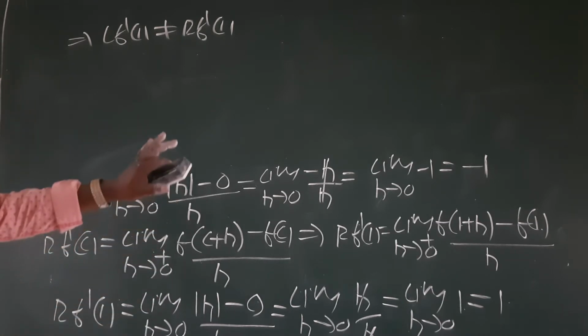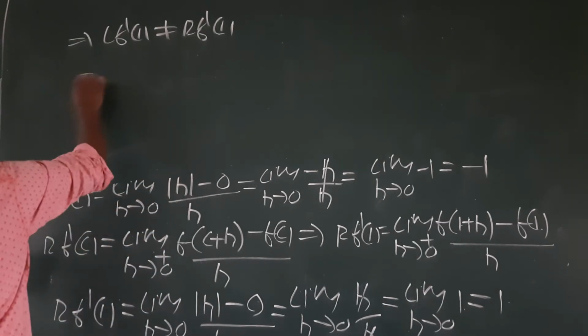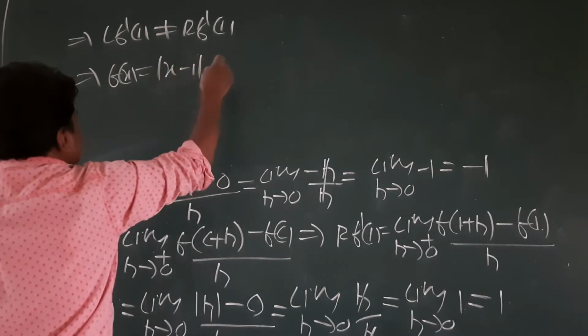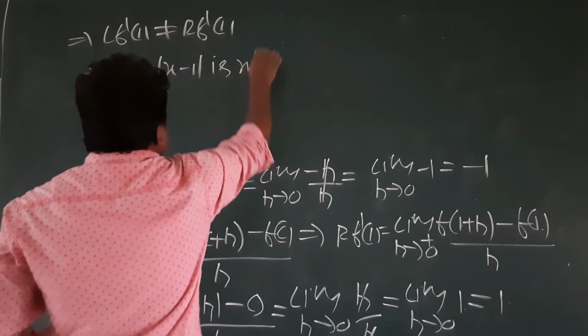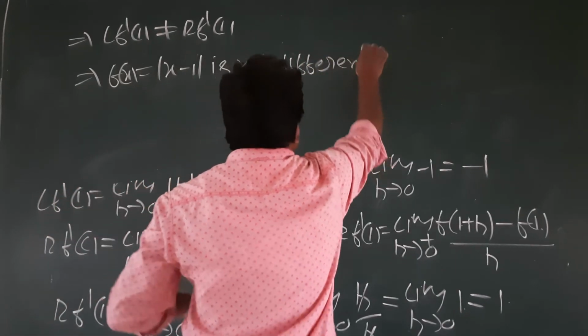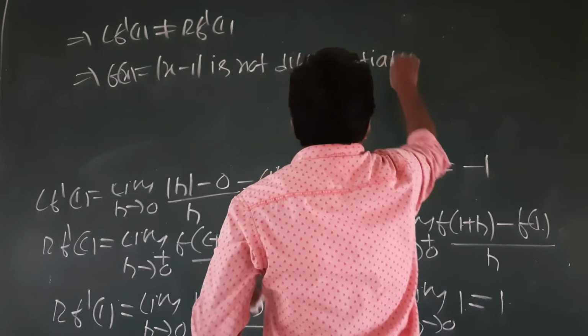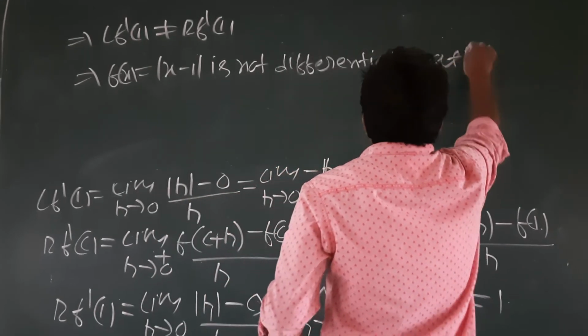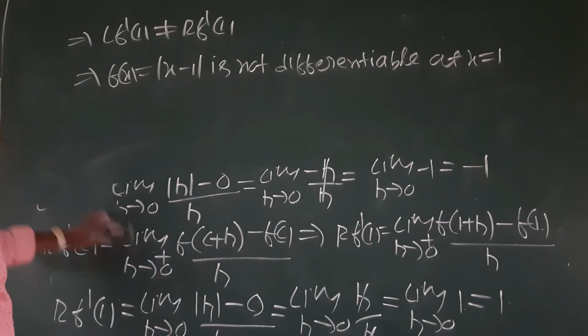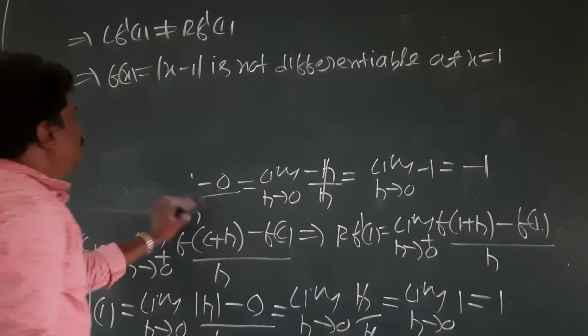The function is not differentiable. This implies f x is equal to mod x minus 1 is not differentiable at x is equal to 1. So the function is not differentiable at x is equal to 1.